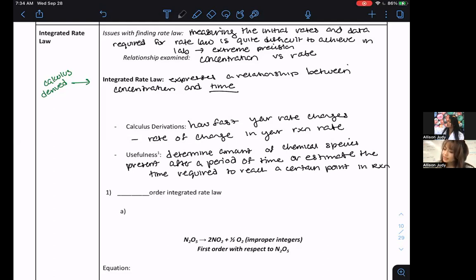So let me sum this up with one quick phrase: lab, production, and money making is why this is a much more valuable way to look at concentration and rate, because it now gives us the specific relationship between concentration and time through calculus derivations.